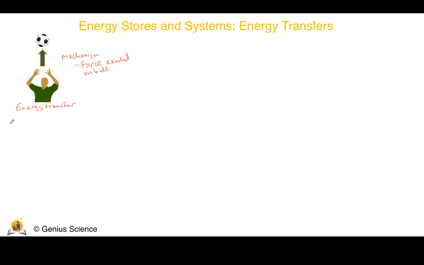The energy transfer is from the chemical energy store of the thrower's arm muscle to the kinetic energy store of the thrower's arm and the kinetic energy store of the ball. And also the gravitational potential energy store of the ball, because the ball gets higher.